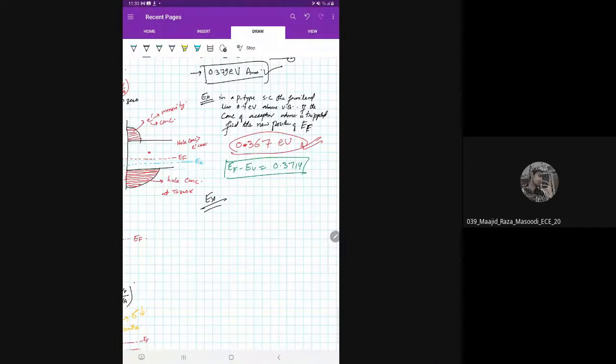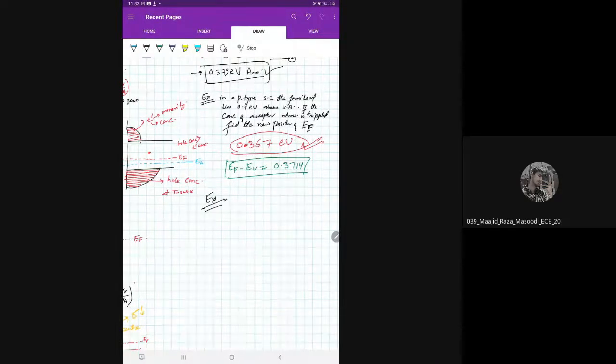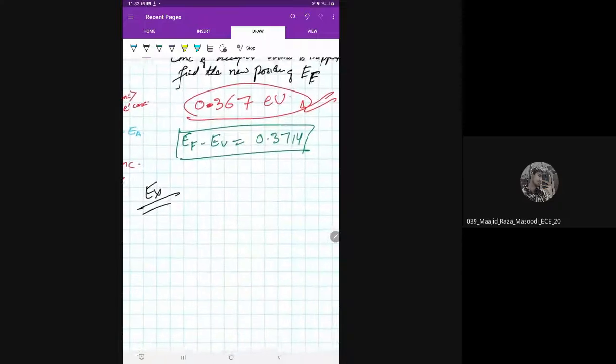How much shift has been given to the Fermi energy level? Okay. So the question says like this.